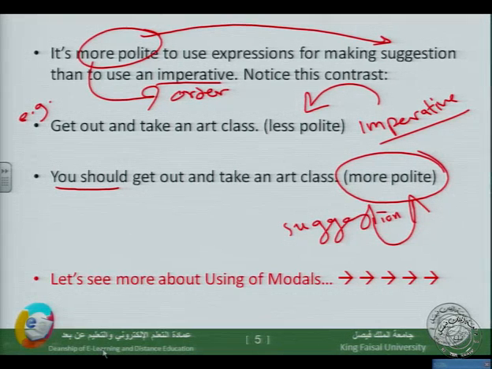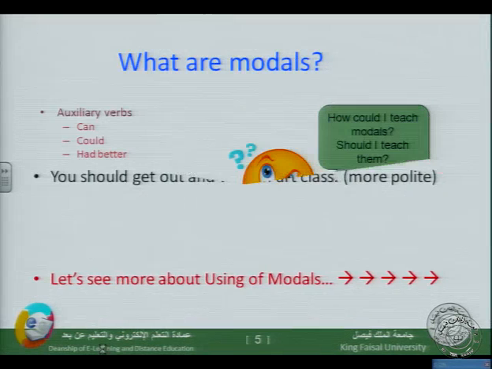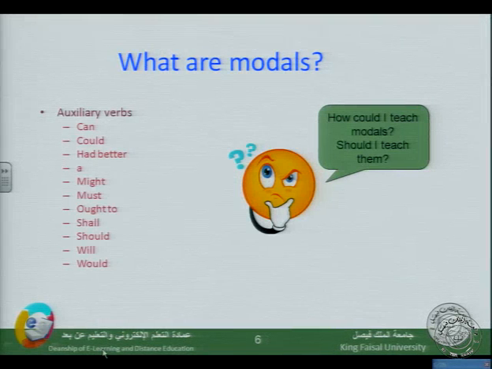Okay, so let us see now more about the use of modals. Hopefully you got the main idea right here. Okay, what are modals?